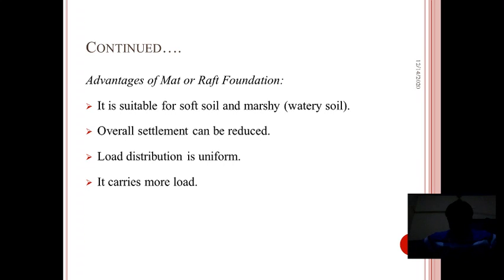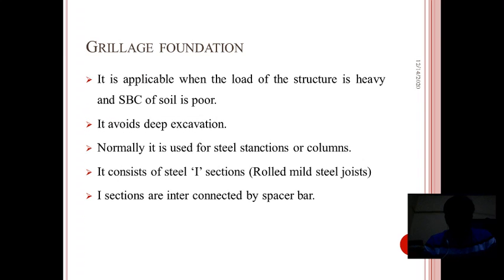Overall settlement can be reduced because the total mat acts as a single unit. It doesn't allow differential settlement. Load distribution is uniform and it carries more load compared to other types of footing.